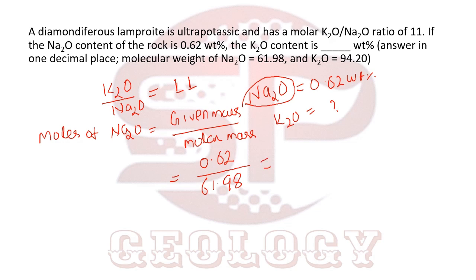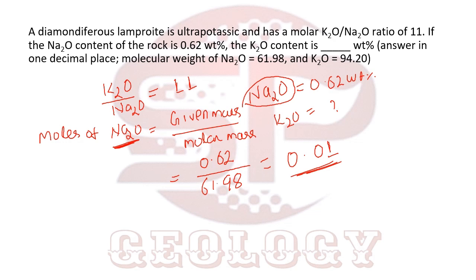From that we can calculate the moles. So 0.62 divided by 61.98 will be 0.01. So Na2O is present as 0.01 mole.